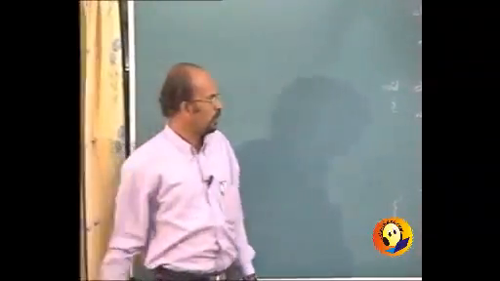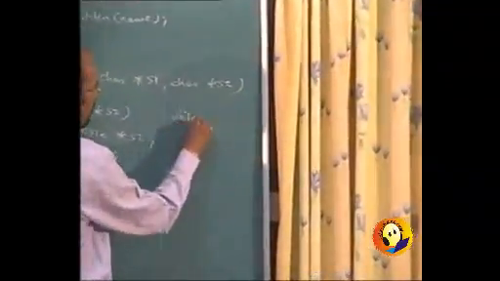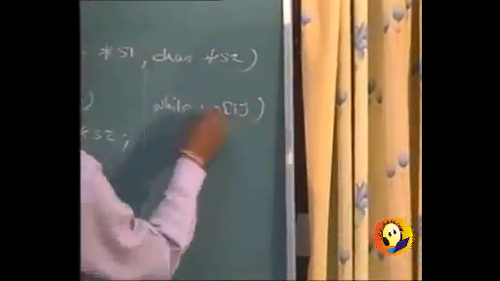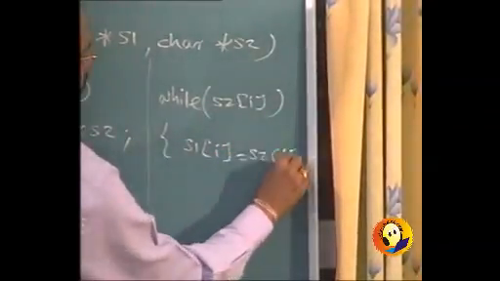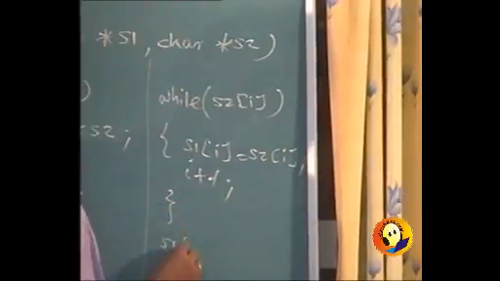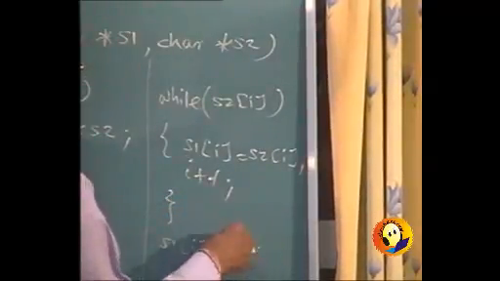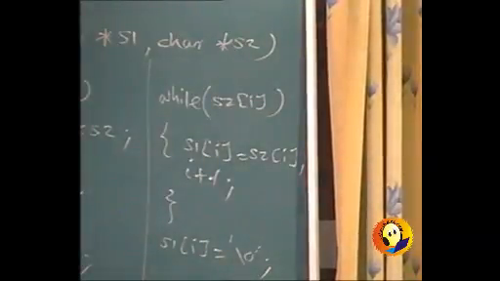The corresponding code was while S2 of I, S1 of I equal to S2 of I plus plus, and again S1 of I equal to backslash 0 or S2 of I. Now calculate.